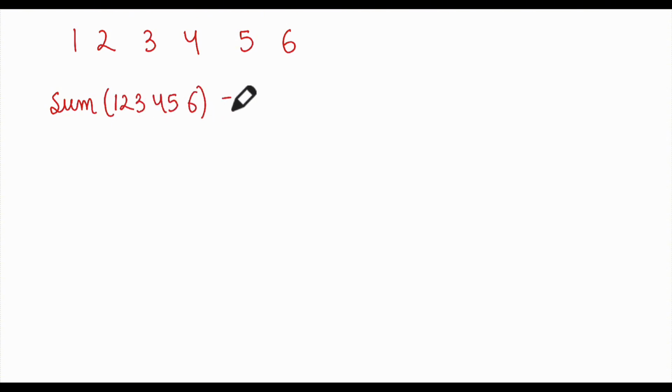Okay, suppose you are given a big number 1, 2, 3, 4, 5, 6. Can you say that the sum of 1, 2, 3, 4, 5, 6 is equal to the unit digit, that is 6, plus the sum of the digits of 1, 2, 3, 4, 5, correct?